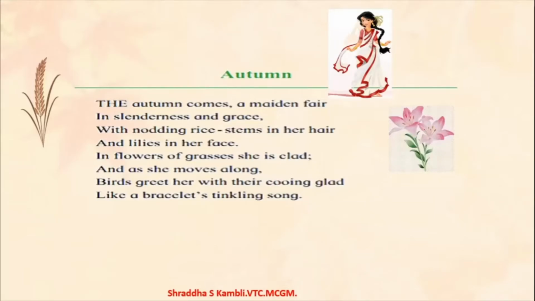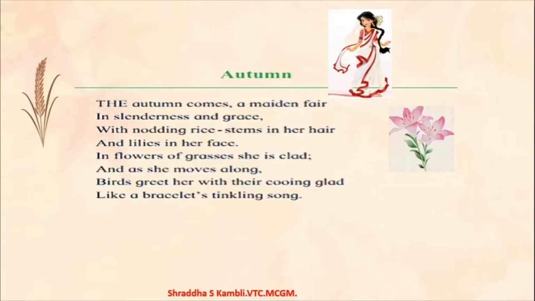So she's decorated her hair with stems of rice. That means autumn is the season when rice fields are lush and they are blooming. Okay, so that is the season when autumn comes in. That is why autumn is dressing up, or she is decorating her hair with rice stems.